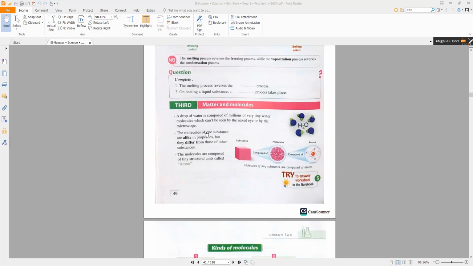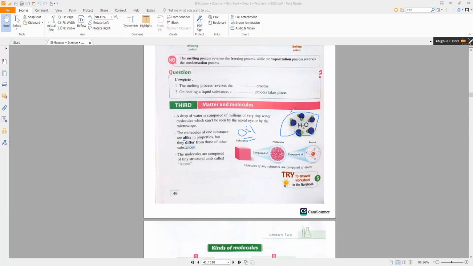The molecules of one substance are alike, but molecules of different substances are different. What is the meaning of that? I mean this is water, and we have another matter, oil.